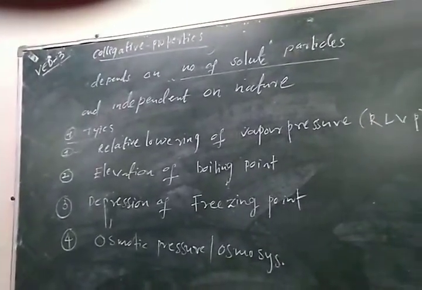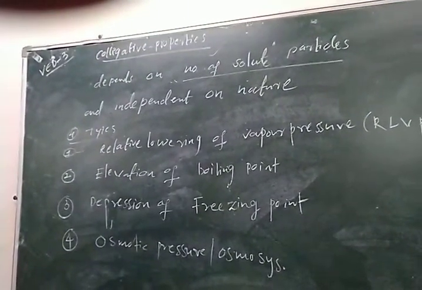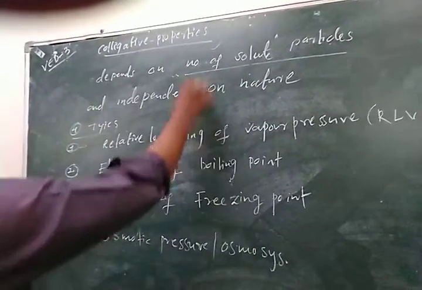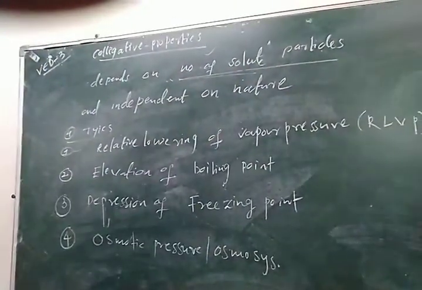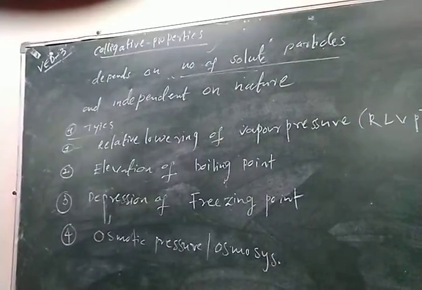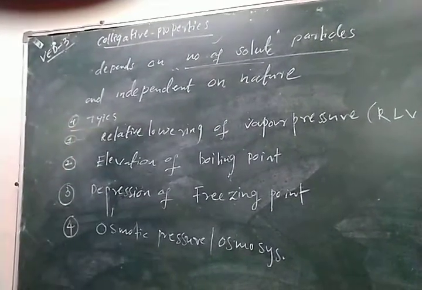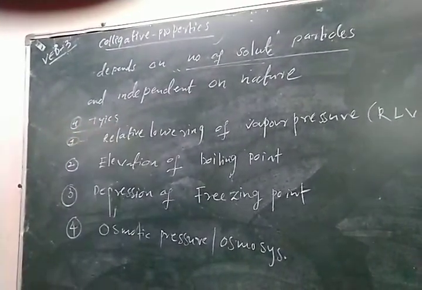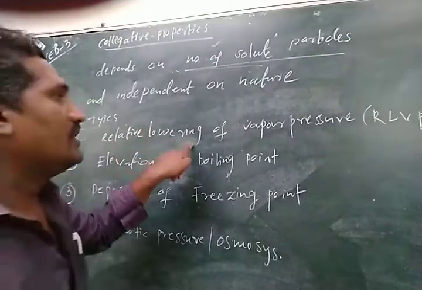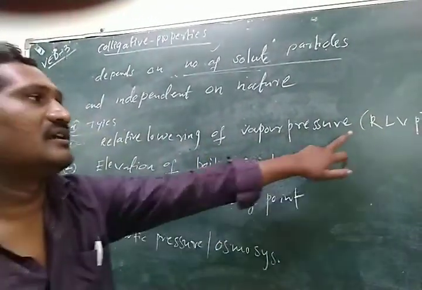Colligative properties of the solutions mean the properties whose values depend on the number of solute particles present in the solutions. So those colligative properties are of four types. One is relative lowering of vapor pressure, RLVP.